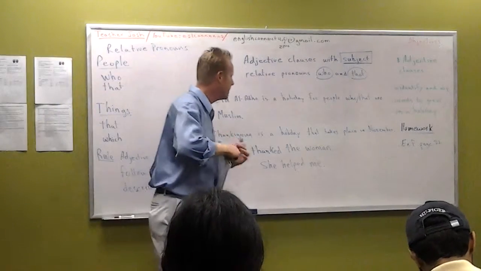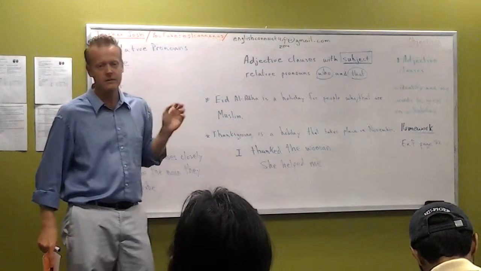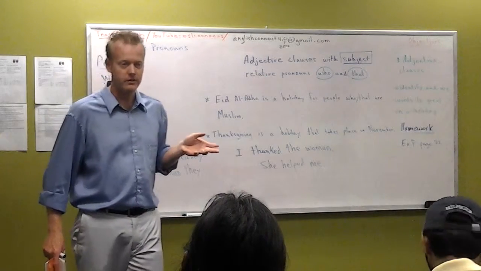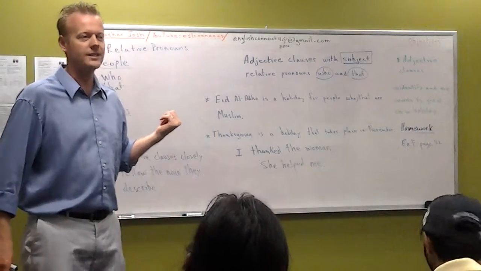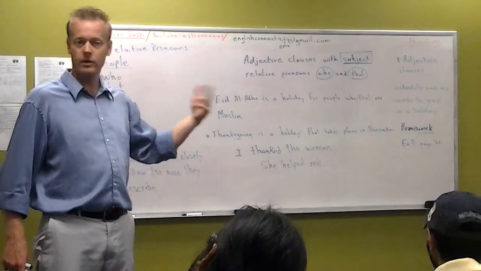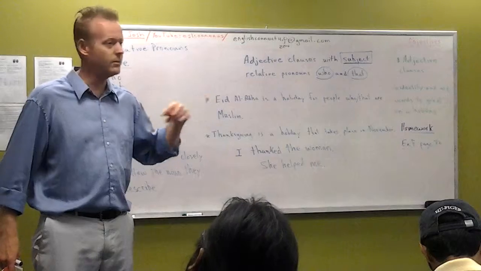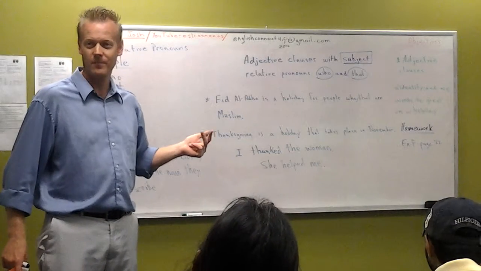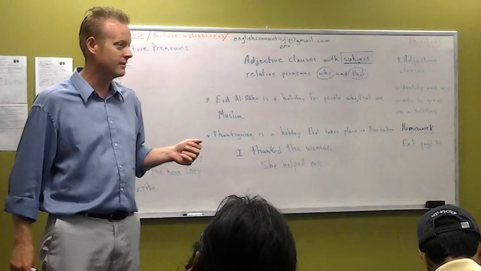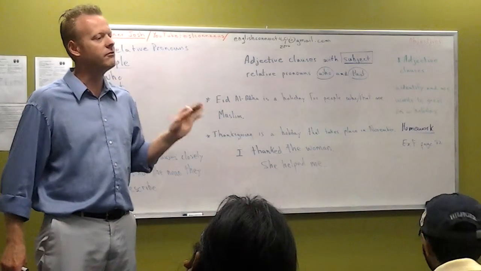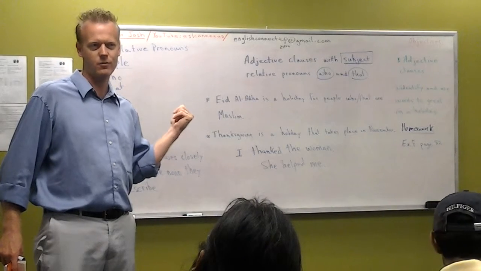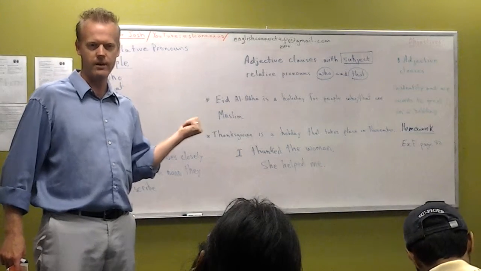Now listen, you can use adjective clauses right after any noun to describe the noun. So in a sentence, a noun could be the subject, or it could be the object, or the object of the preposition, or the direct object. Anywhere you can find a noun, it's possible to put one of these right after that noun.